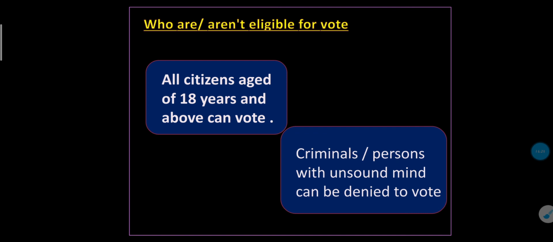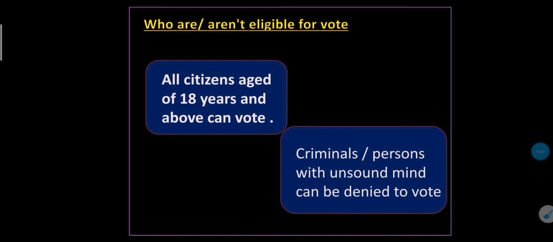And criminals, or persons of unsound mind, meaning those who have mental issues and whose mental balance is not running properly, can be denied the vote, because they are sometimes not permitted to vote due to their background or their mental condition.